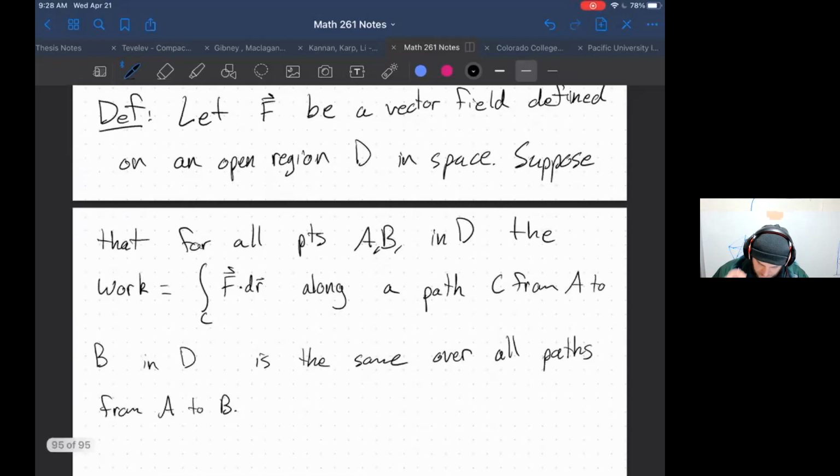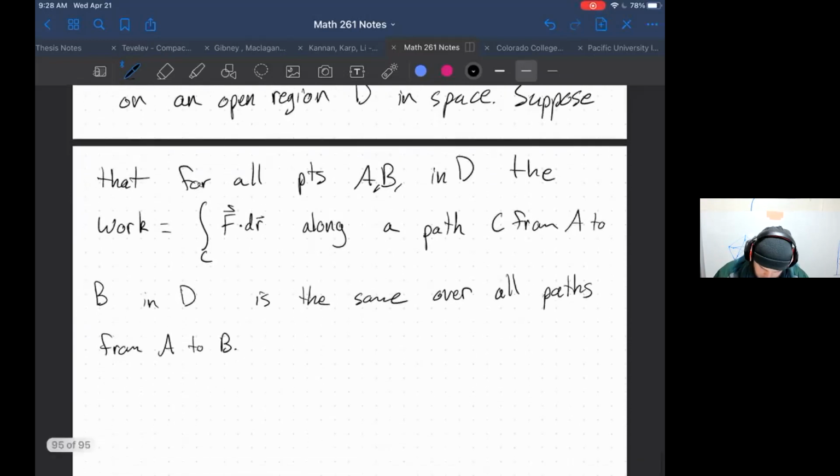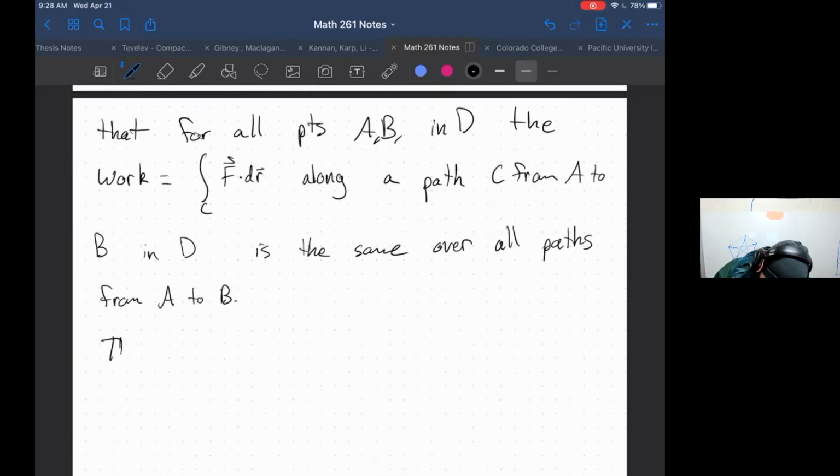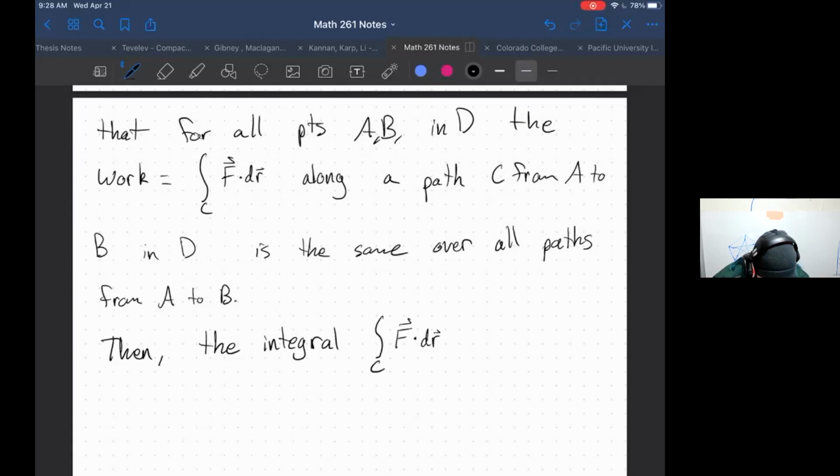So if this is our setup, then the work integral is called path independent.